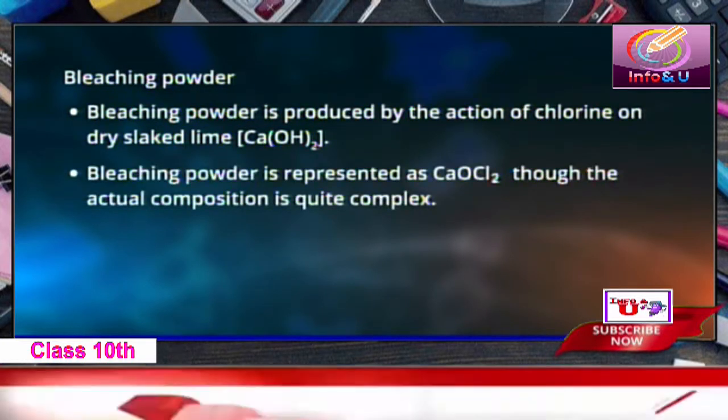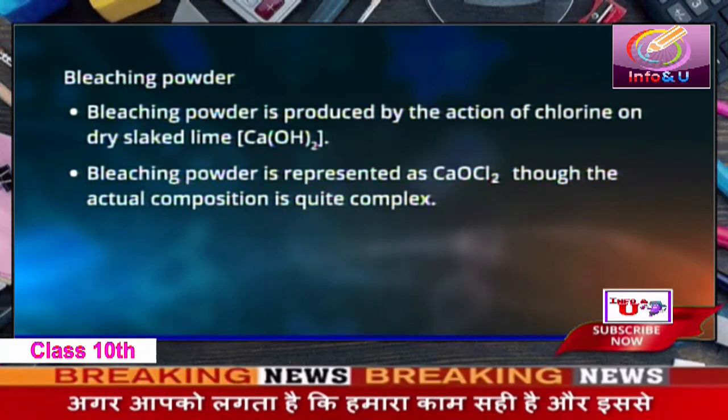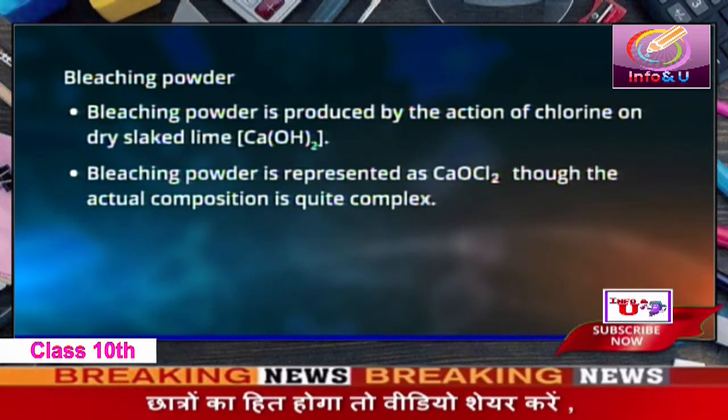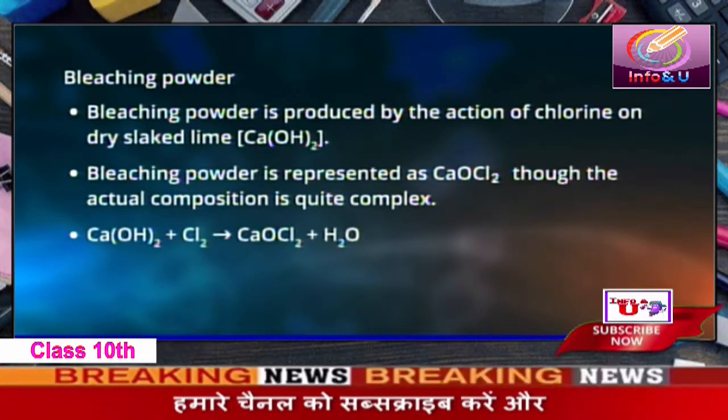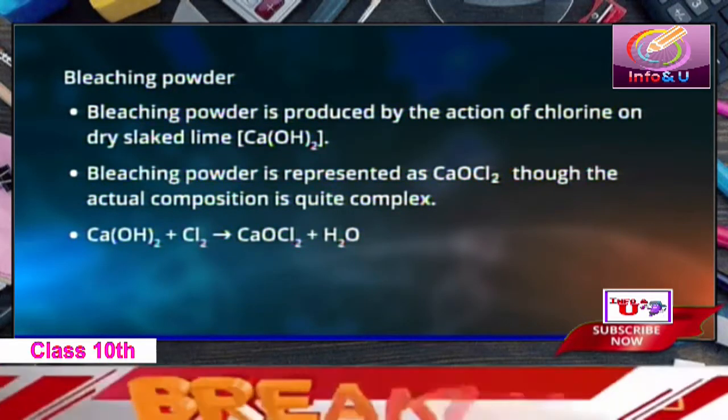The bleaching powder is represented as calcium oxychloride, that is CaOCl2, which is produced by the chemical reaction as calcium hydroxide plus chlorine gives calcium oxychloride, CaOCl2 and water.